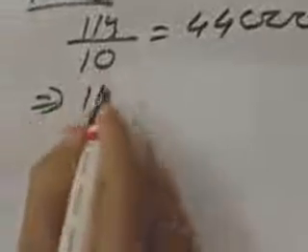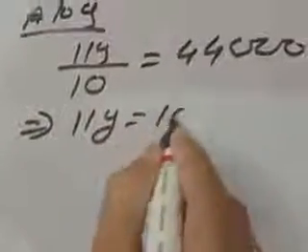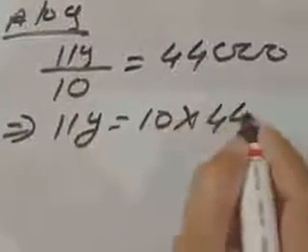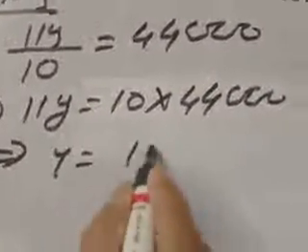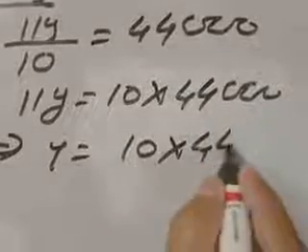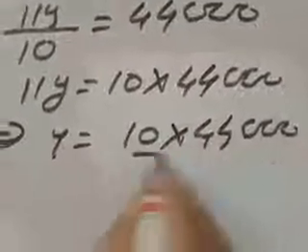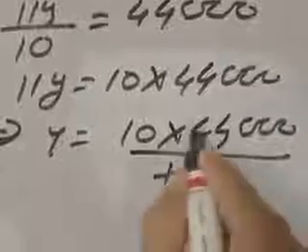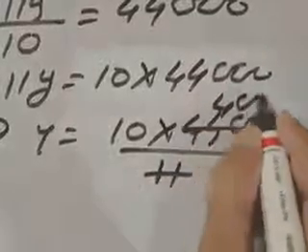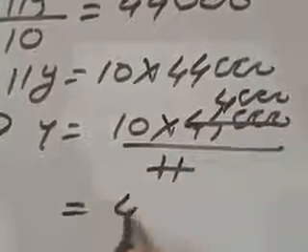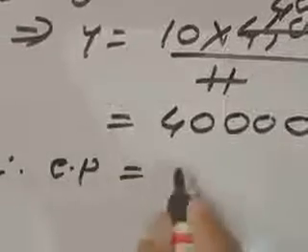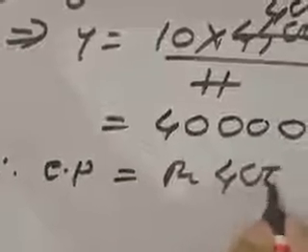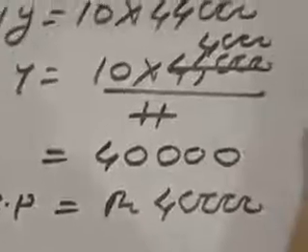Cross multiply. 11y is equal to 10 into 44,000, or y is equal to 10 into 44,000 divided by 11. 11 fours are 44, 4000. 4000 into 10 is equal to 40,000. Therefore, CP is equal to rupees 40,000.